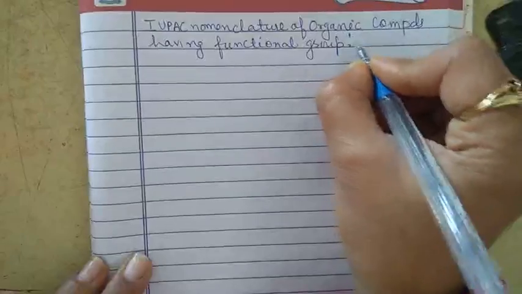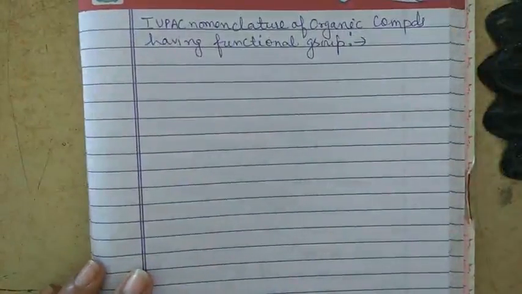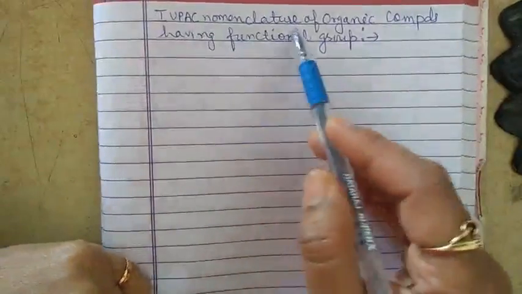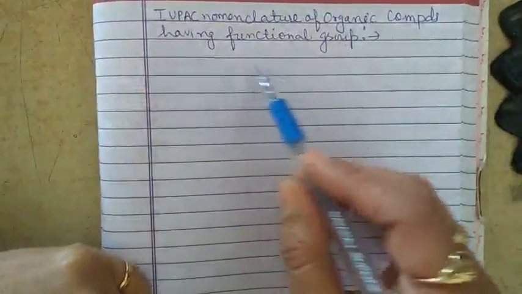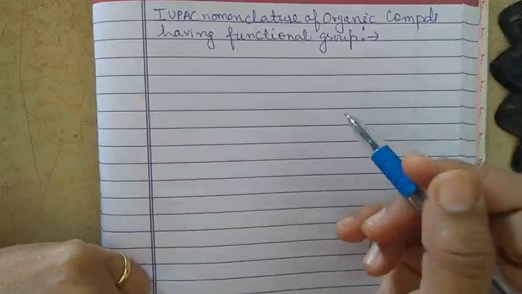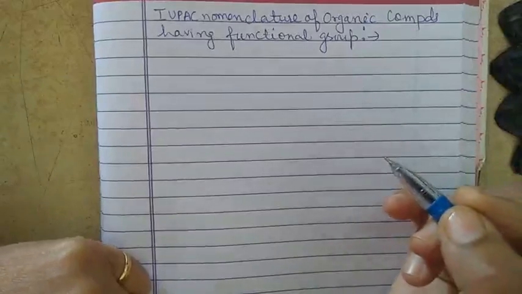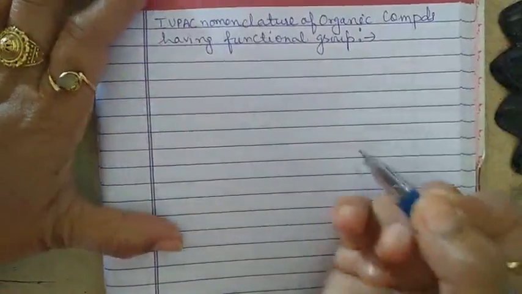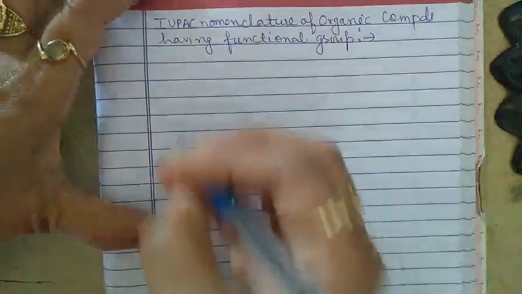Before starting the IUPAC nomenclature of organic compounds having the functional group, let us discuss the functional groups. What are the functional groups, and what is the suffix or the prefix used for each functional group?